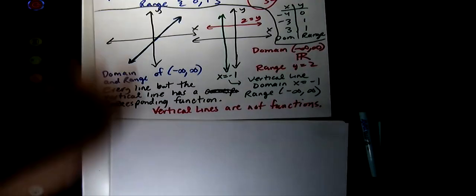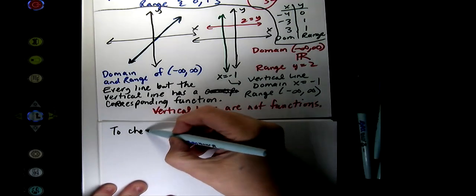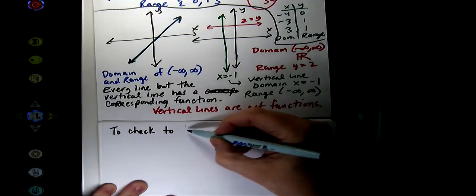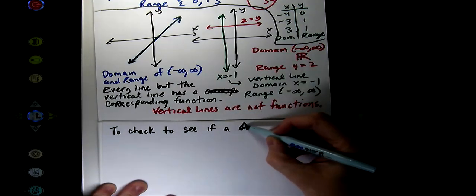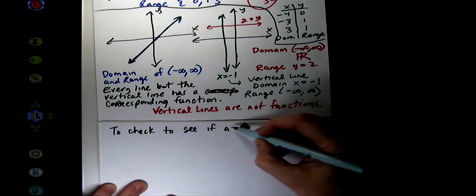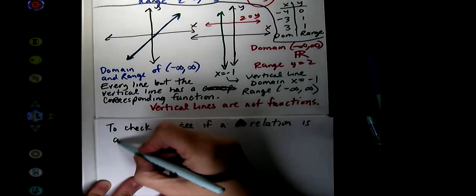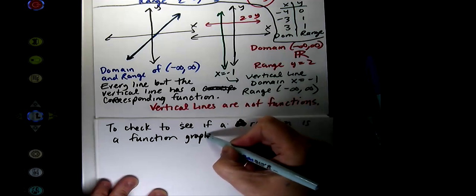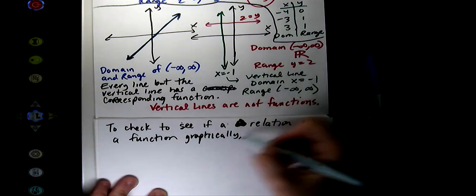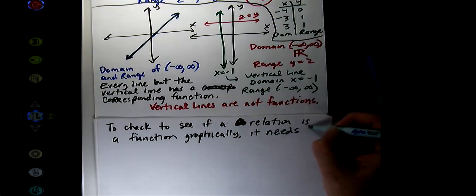How can we tell graphically whether an equation or a relation is a function? It needs to pass the vertical line test.